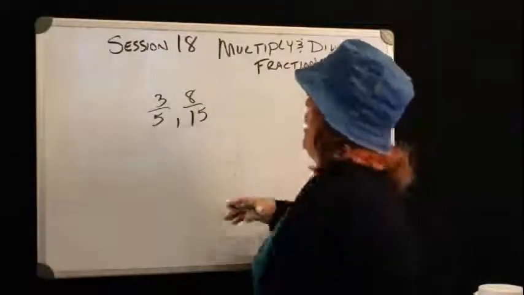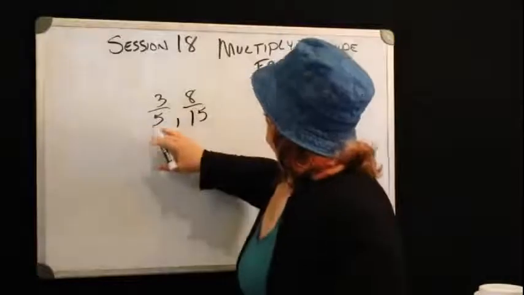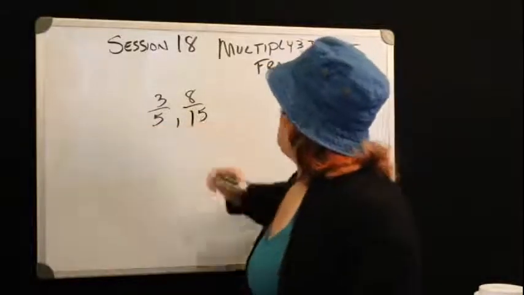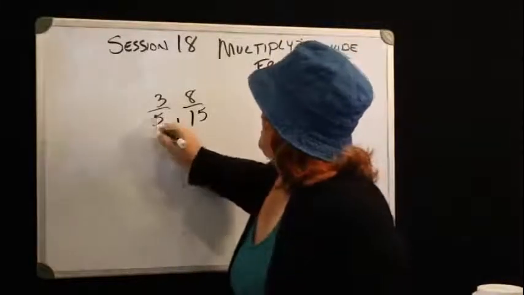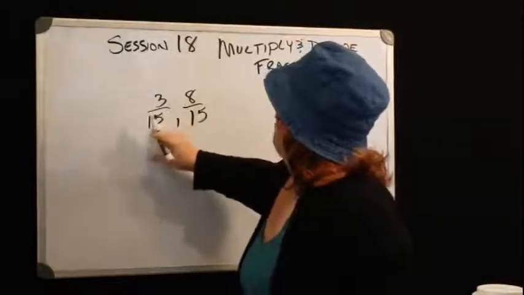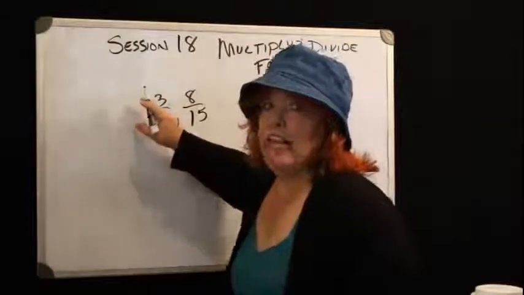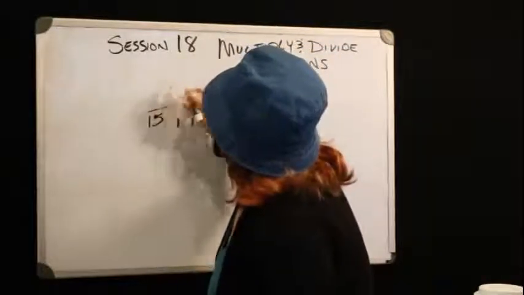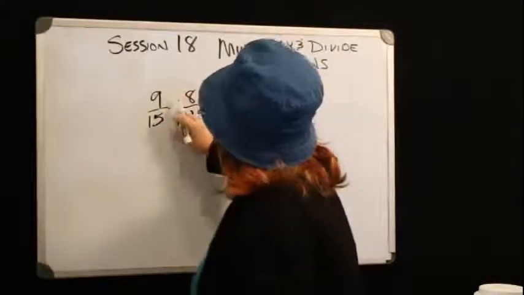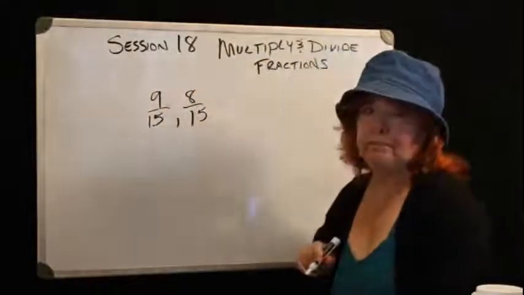Okay, so 5 goes into 15 how many times? 3. So in order to get this to be 15, I had to multiply it times 3. So you have to do the same thing with 3. 3 times 3 is what? 9. So now they're common denominators.